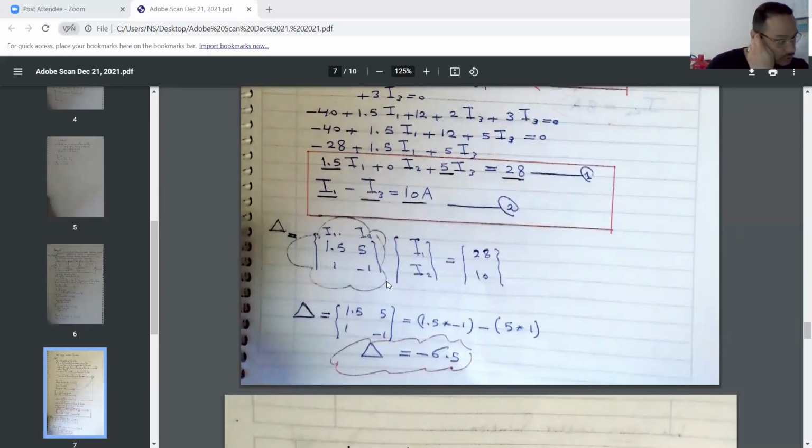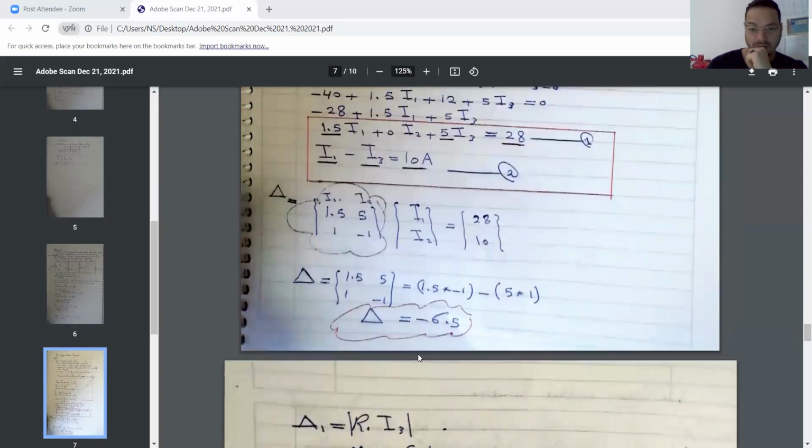We will calculate the delta. It will be the 1.5, 1 here from this equation, and for I3, 5 here and minus 1 here. The result will be 1.5 times minus 1 minus 5 times 1, which is minus 6.5.